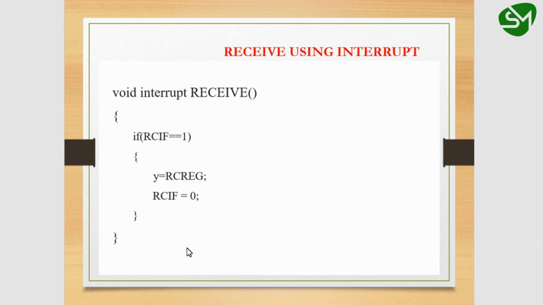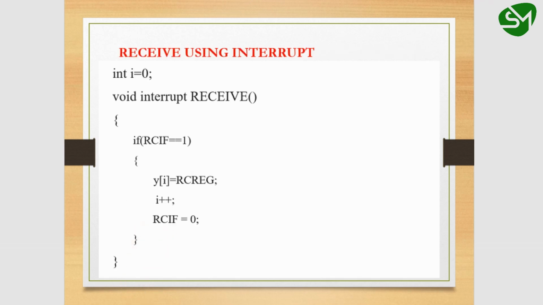This is the routine of the program. For receiving a string of data, we will slightly modify this program. We will write an array in place of this variable, and we will increment the element variable underneath it. As you can see, the only change I have made is adding an array instead of this private variable, and I have incremented the element number of the array below it.